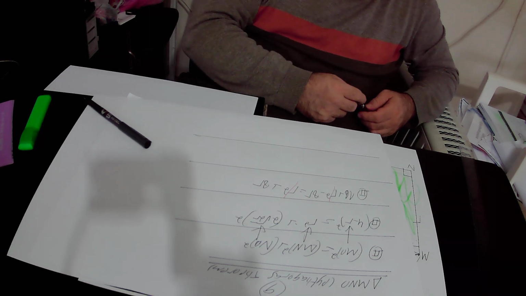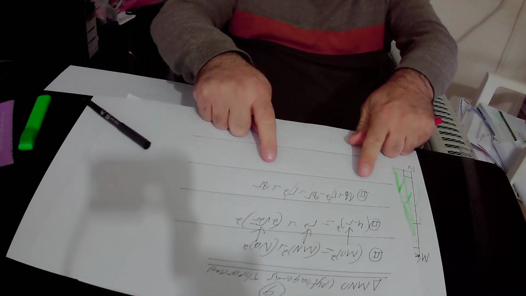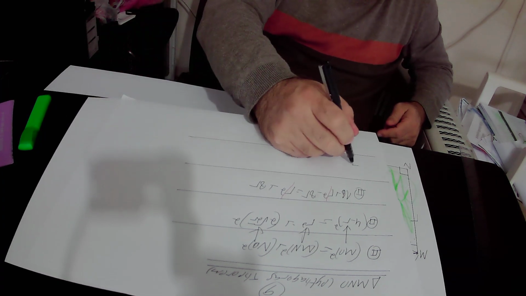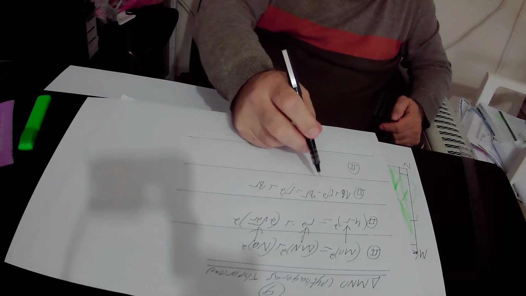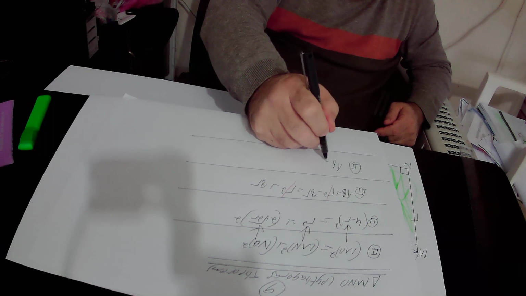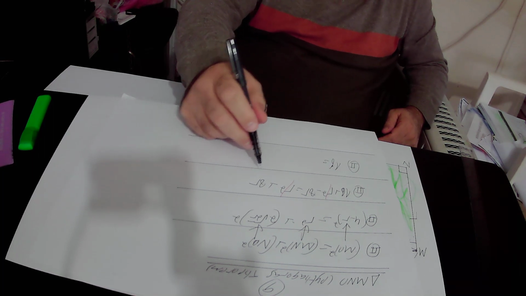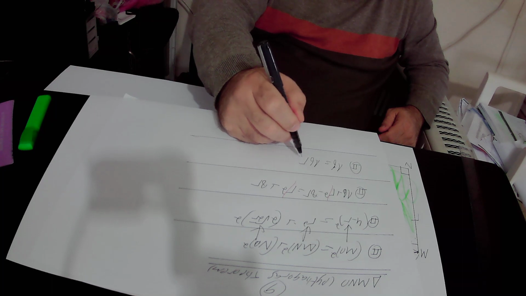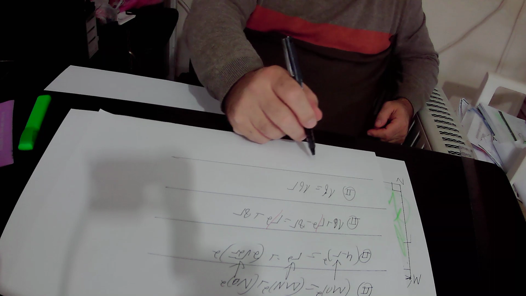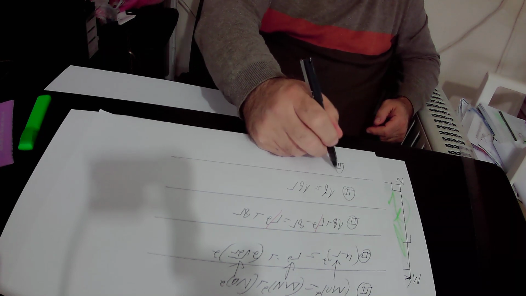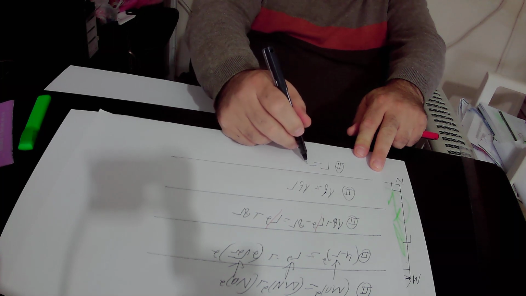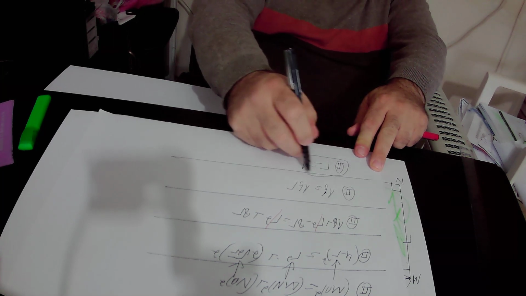In the next step we will add 8R to the equation, and we will get 16 equals 8R plus 8R, which is 16R. So here we divide by 16, and we will get that R, the radius of the small circle, equals 16 over 16 is 1, so R equals 1 unit.